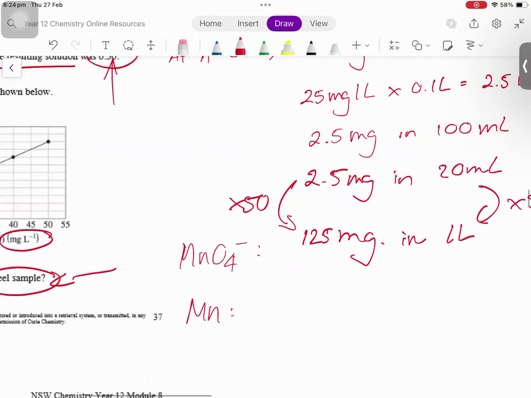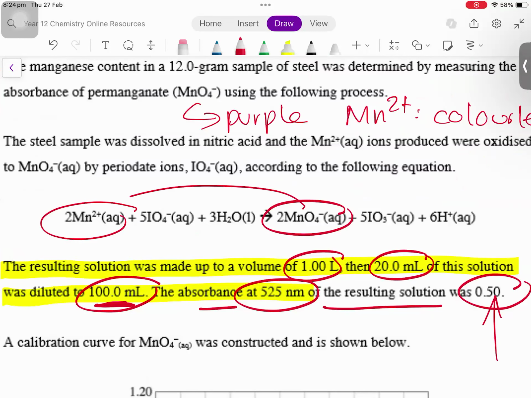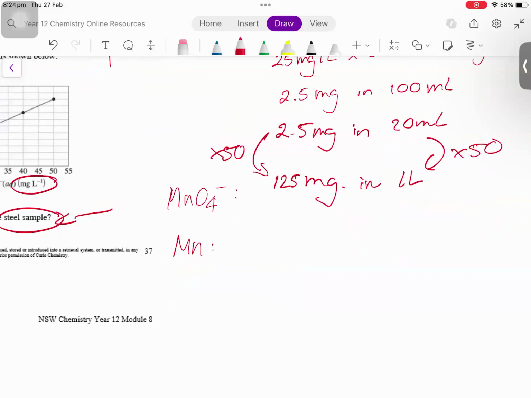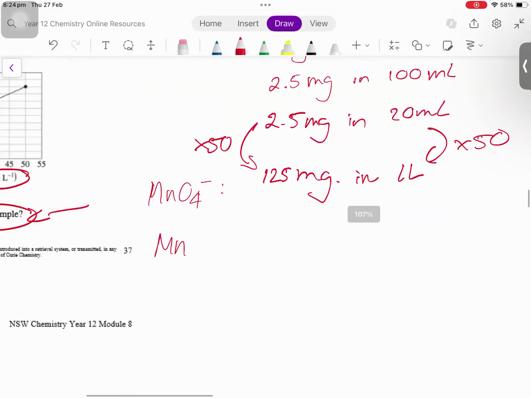But if you're going to use the equation to relate MnO4 minus to Mn, you need to do it in terms of moles because 125 milligrams of MnO4 minus is not the same as 125 milligrams of Mn. Okay, so you've got the correct volume now. That's great. But I need to get to my manganese.